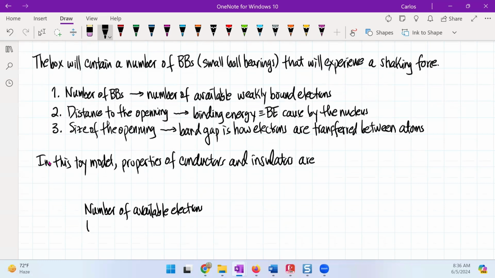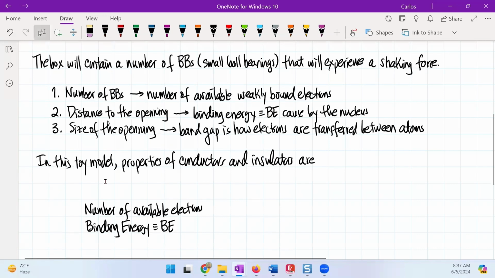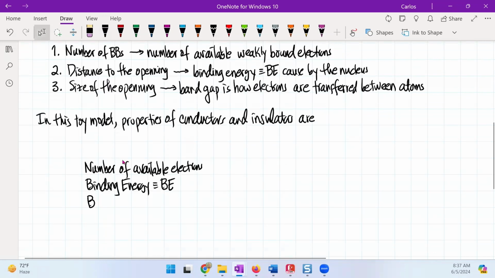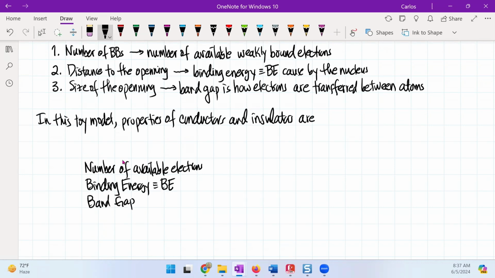We need to talk about the binding energy. And we need to talk about the band gap. So then I'm going to have my conductors here, and then I'm going to have my insulators. So let me set up this table.